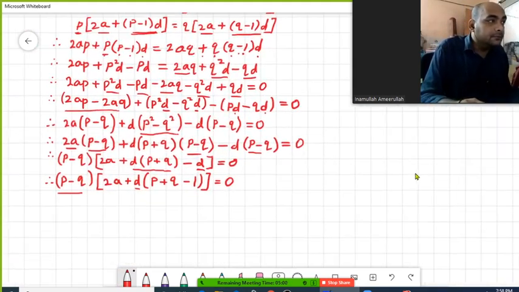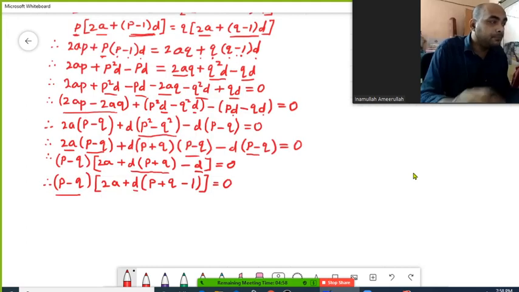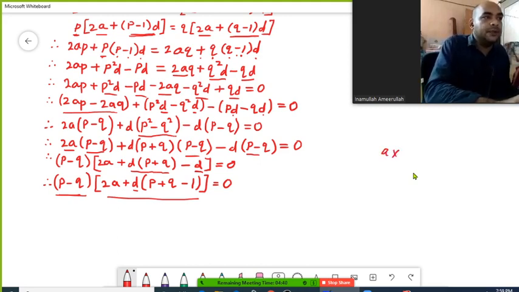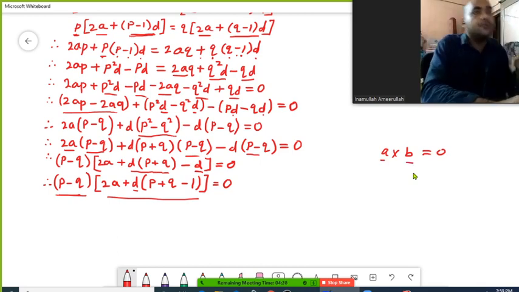So here, according to this expression, p minus q into this equals 0. Look, if I am saying two numbers, a into b, these are two numbers, equal to 0. So what are the conditions? Either a is 0 or b is 0 or both of them are 0.